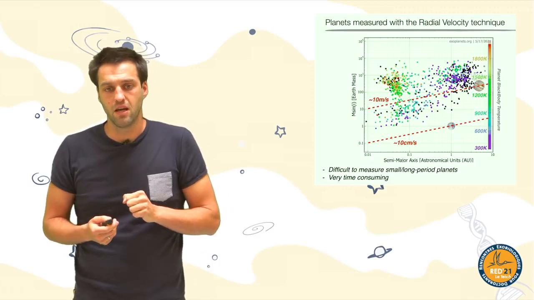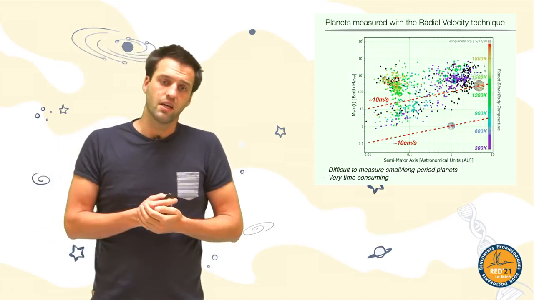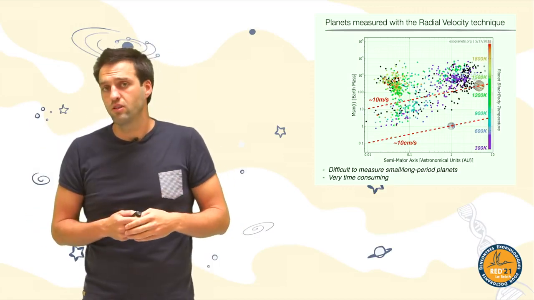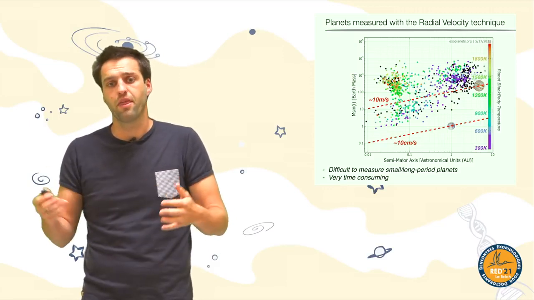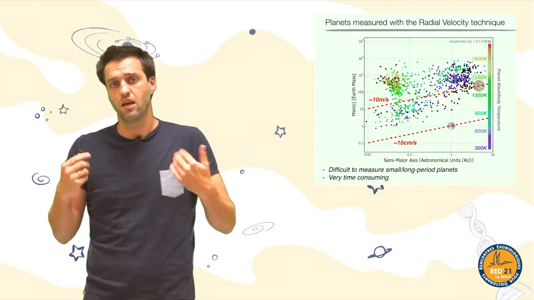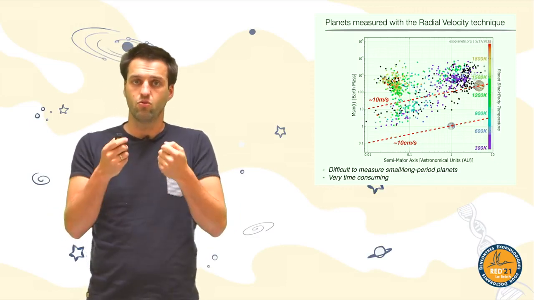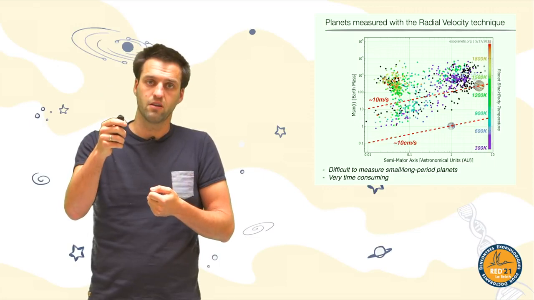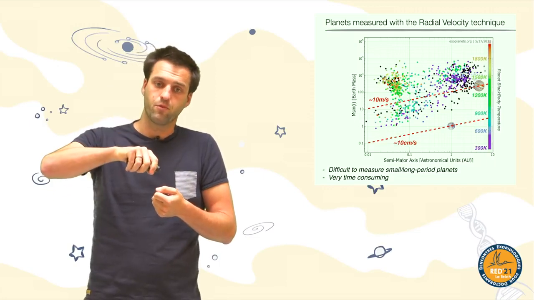with this technique. The other problem with this technique, which still allowed us to discover 500 to 1,000 planets, is that it's very time-consuming, because even nowadays we still need to take spectra of stars at random to discover a planet.